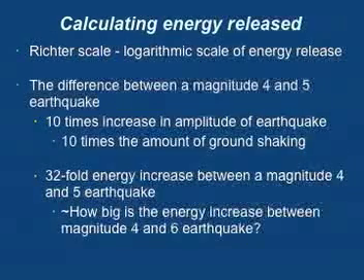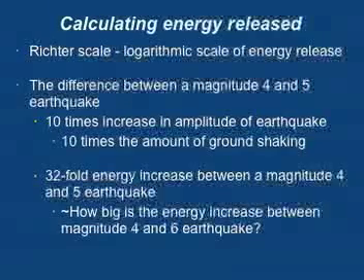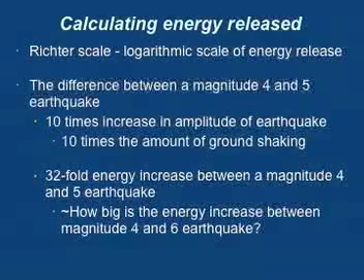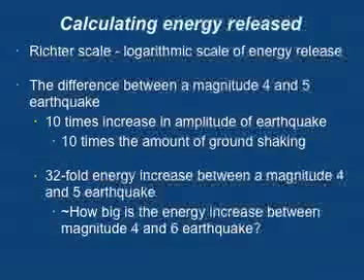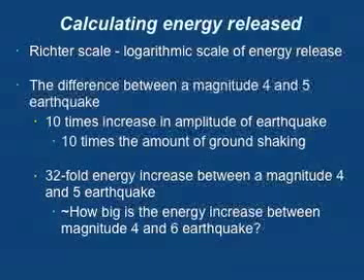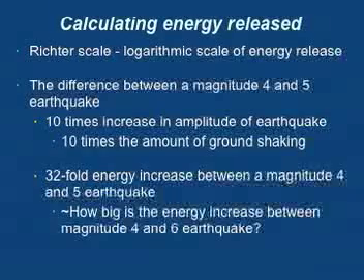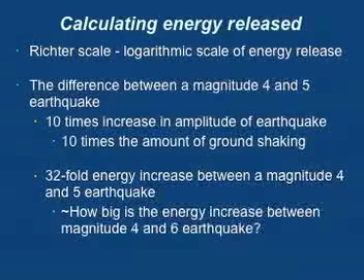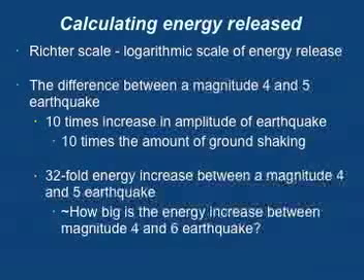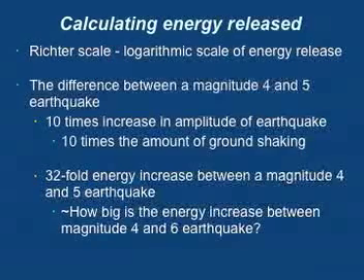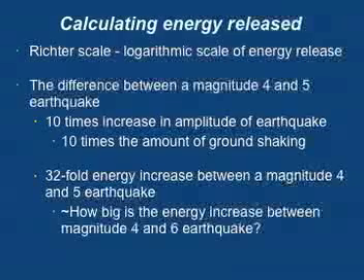But that's not really what's important. What's important is the energy release, and it's not base 10. Okay, it's exponential in a way. Every time, if we go from a 4 magnitude to a 5 magnitude, 32 times as much energy was released by the 5 than the 4. But let's jump up to a 6, because I think many of us have experienced a 6. It's 32 times 32.